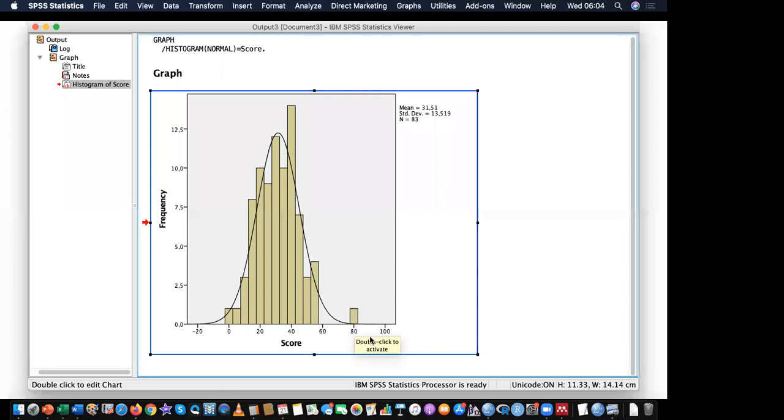What do we do with the outliers? We don't do anything. We keep them. They are very important for us. So, except this 80, the distribution is fairly normally distributed.